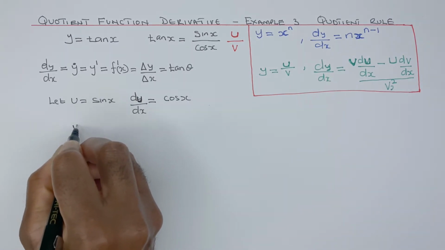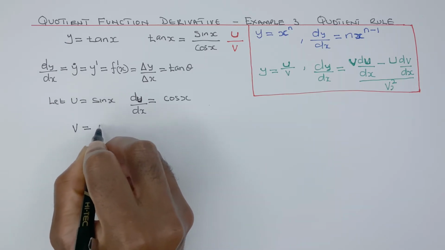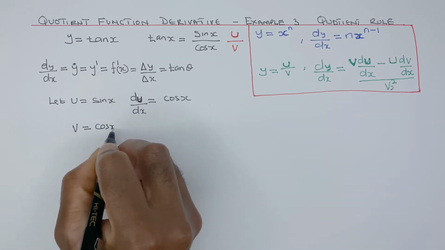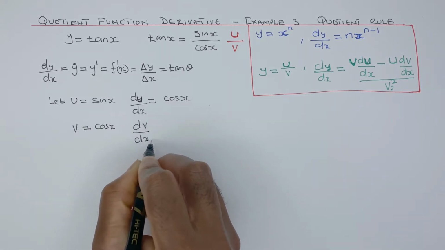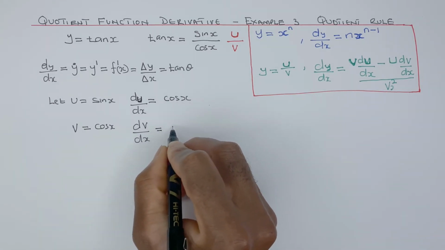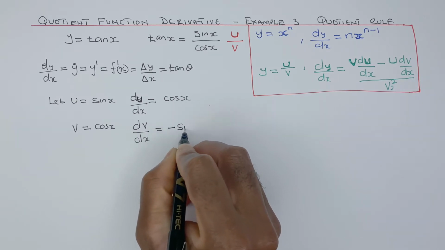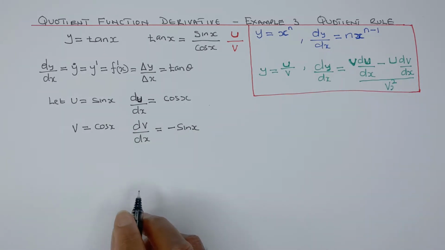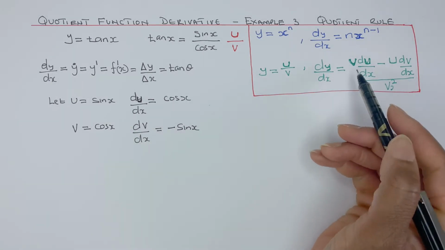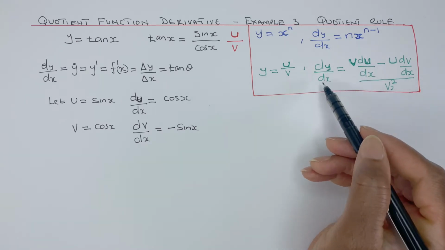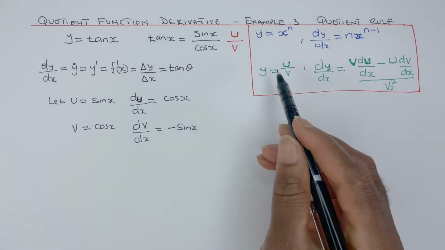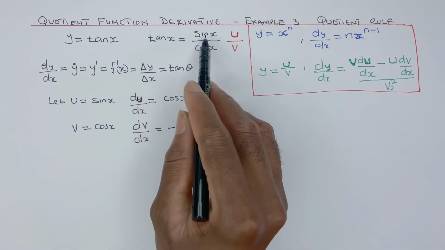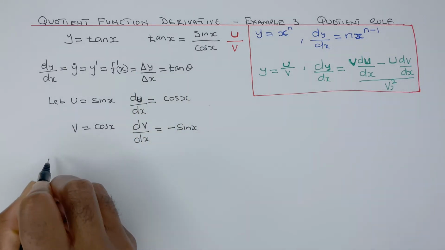And we say let v equals cos of x, dv/dx equals minus sine of x. At the same time, I need to find the dy/dx, which means I have to use the quotient rule, because tan of x is sine of x over cos of x.